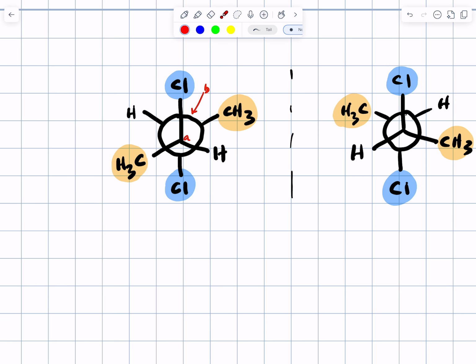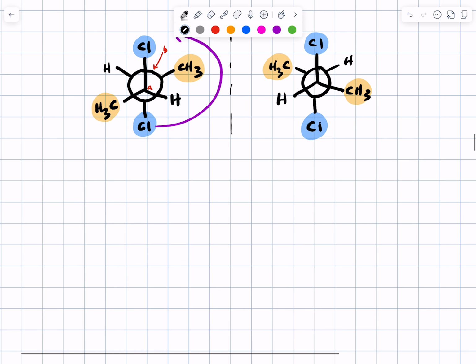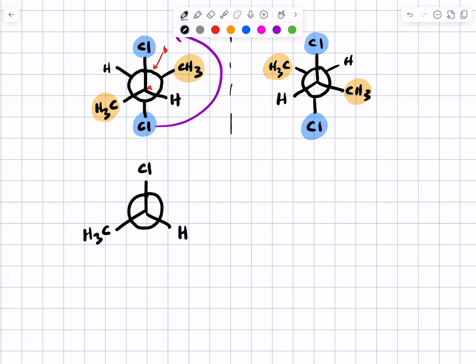So I'm going to take the chloro in the back, and I'm just going to rotate that carbon by 180 degrees. If I do that, that should turn each group in the back to be eclipsed with the groups in the front. See what I'm doing? So the chloro in the back should now be eclipsed with the chloro in the front.